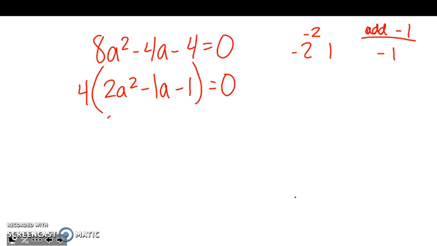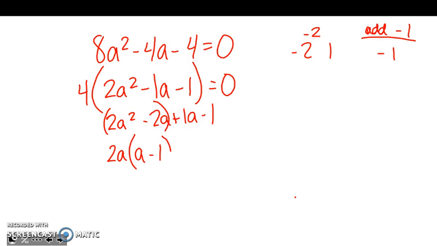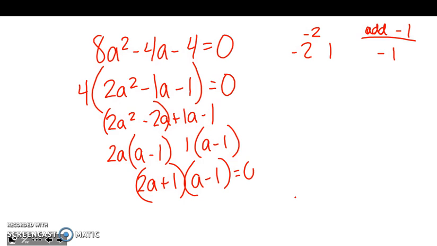So then we break this apart, 2a squared minus 2a plus 1a minus 1. So then we group again. So you can take out a 2a, leave it with a minus 1, and then we can pull out a 1, and it'd be a minus 1. So then we get 2a plus 1 is one binomial, and then a minus 1 is the other.